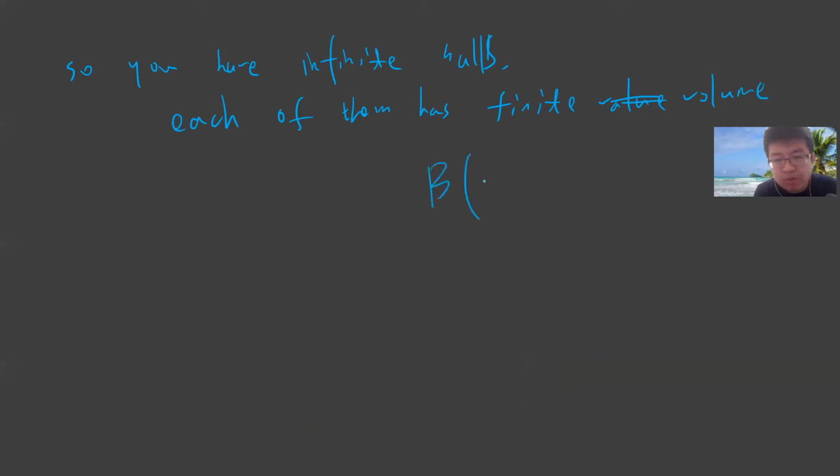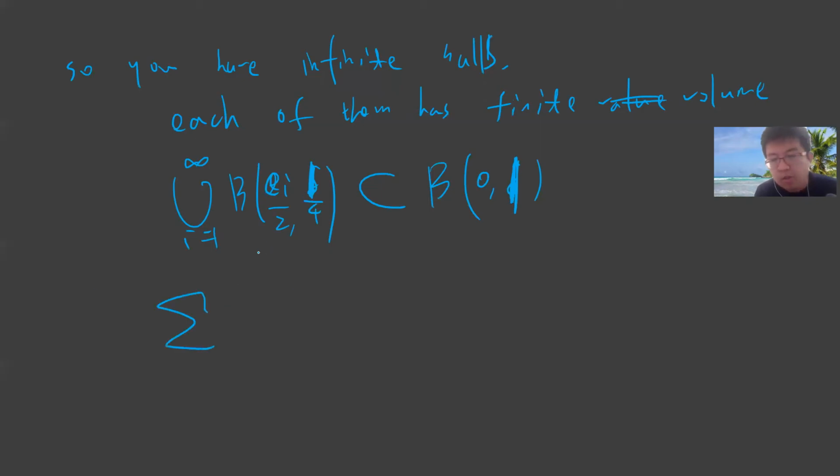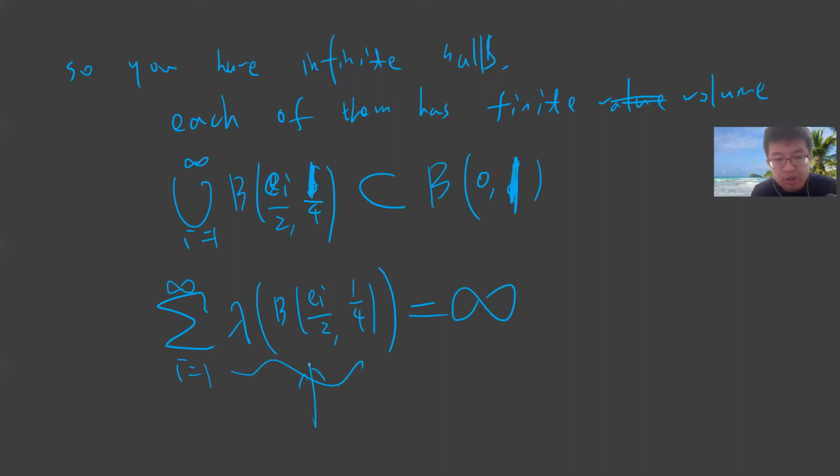Because your B(0, delta) can contain all the B(e_i divided by 2, 1/4), for i from 1 to infinity, and these all do not overlap. So lambda of the union will actually become infinity, because every one of them has the same measure by the third property, the translational symmetry. Contradiction, because this is finite.